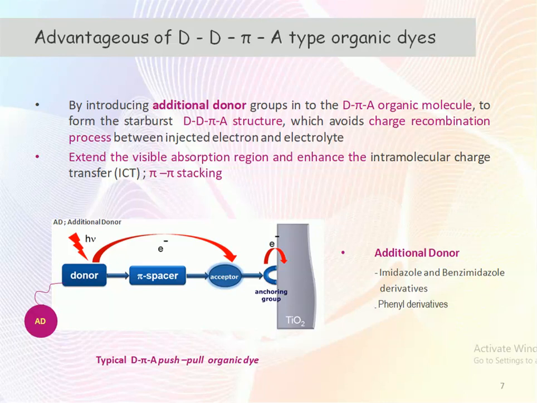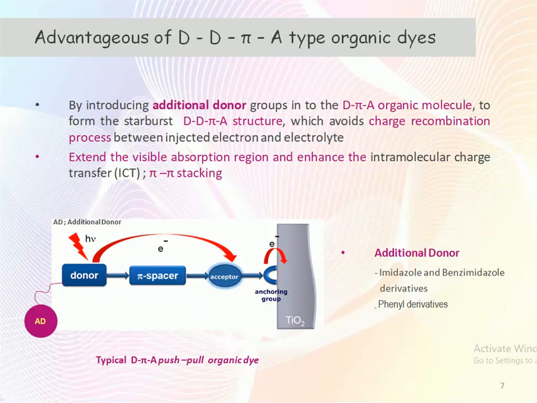It also extends the visible absorbing region and enhances the intramolecular charge transfer via pi stacking, which will enhance the photocurrent. So automatically the efficiency of the device will increase.